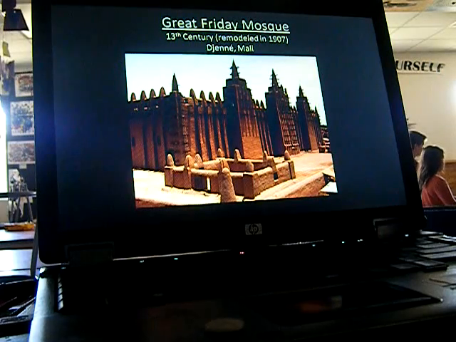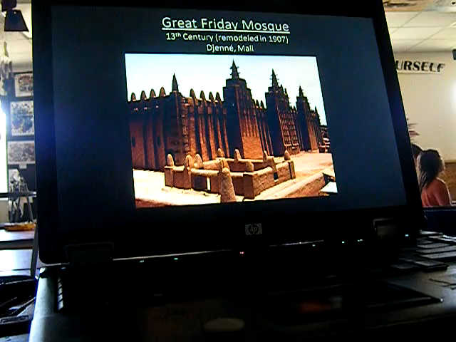Most of it is made of mud brick walls and thatched roofs, and they had to be maintained during the rainy season, because if you're making something out of mud and it rains, that can be problematic.